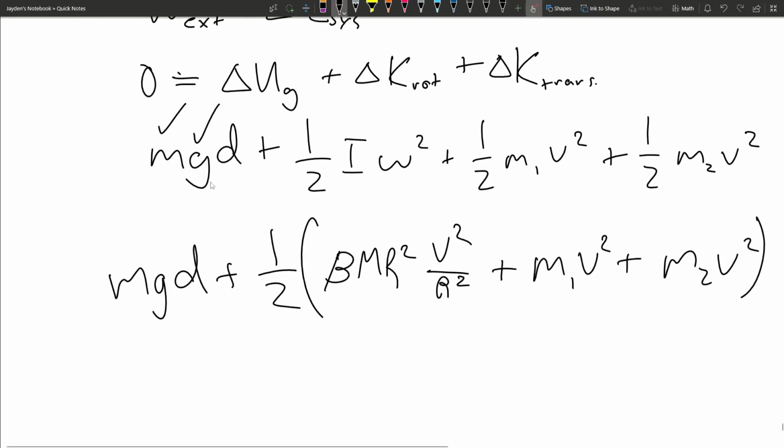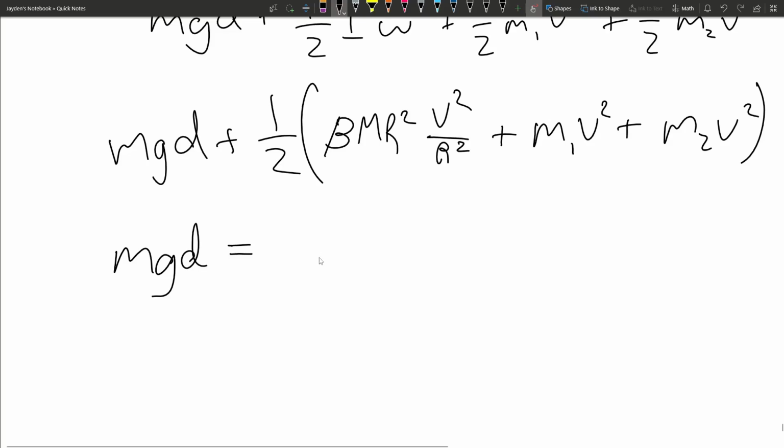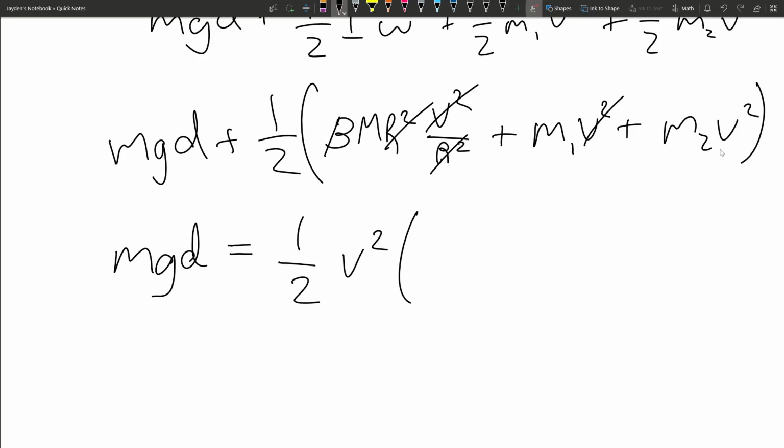So all the gravitational potential is going to turn into kinetic, so the magnitude of this is going to be equal to this. So what do we do? Well, we can try to factor v out too. So 1/2 v squared. This goes away, this goes away. These two cancel out, and this goes to the front.